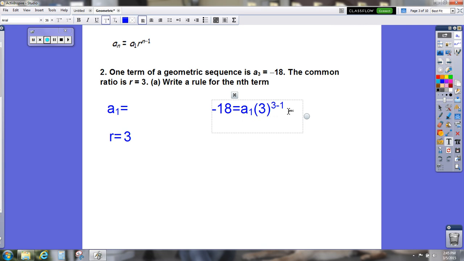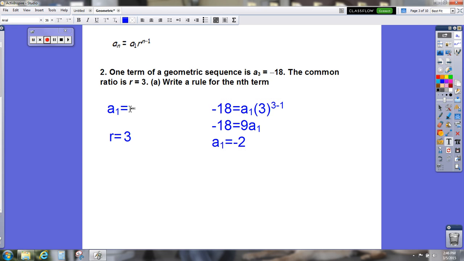So negative 18 is equal to, let's see, 3 minus 1 is 2, so 3 squared is 9, times a sub 1. If we divide, we get that a sub 1 is equal to negative 2. So our first term is negative 2.